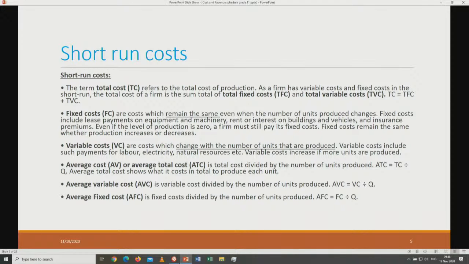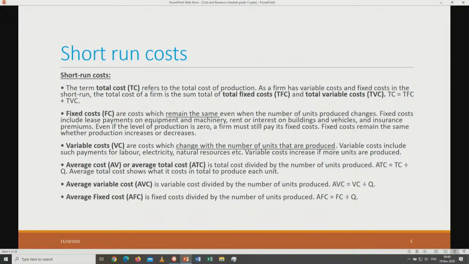A firm has variable costs, those costs that change, and those that are fixed within the short run period. So the total cost of a firm is the sum total of the fixed cost, which can also be referred to as the total fixed cost, and the total variable cost, or the TVC.